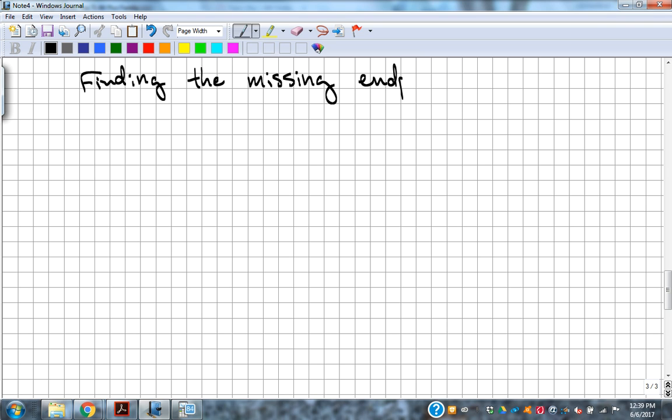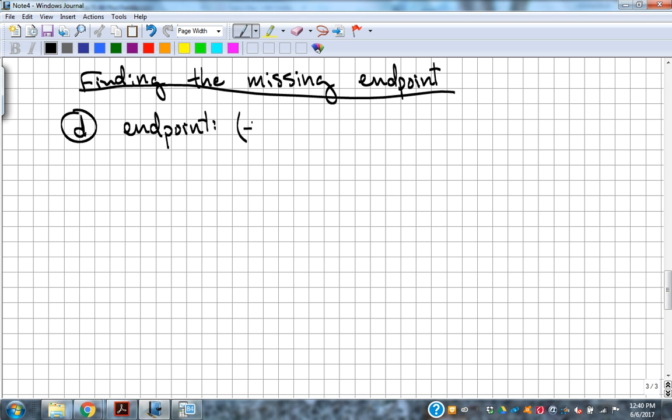Find the missing endpoint. What they're giving us here is an endpoint of (negative 6, 12) and a midpoint of (8, negative 2). We've got to find the other endpoint that would work for this.